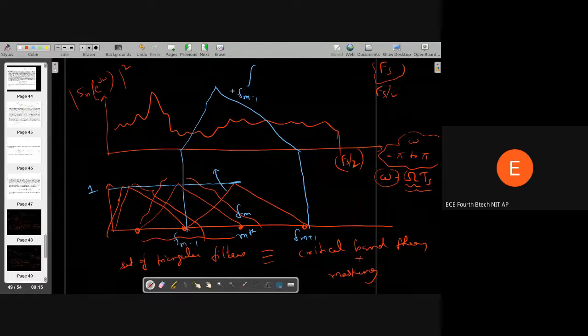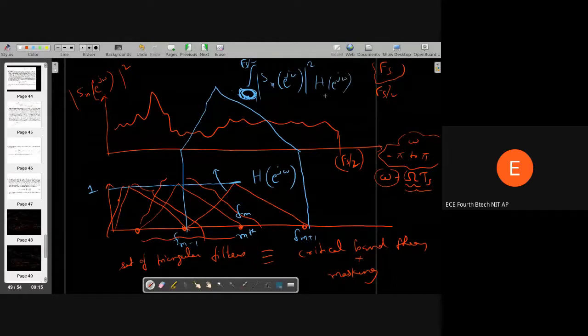Even if you take the whole range, 0 to Fs by 2, the whole spectrum, it does not matter. So S n e to the power j omega whole square. Since the filter is generally represented by h, let's say h e to the power j omega.